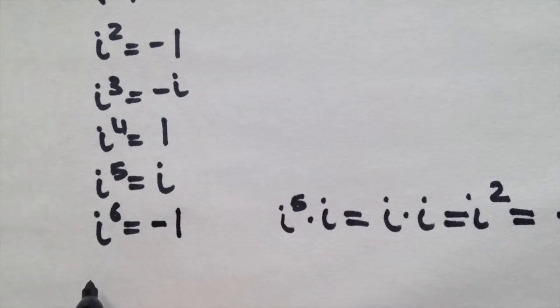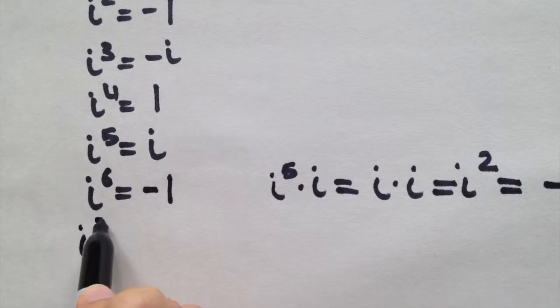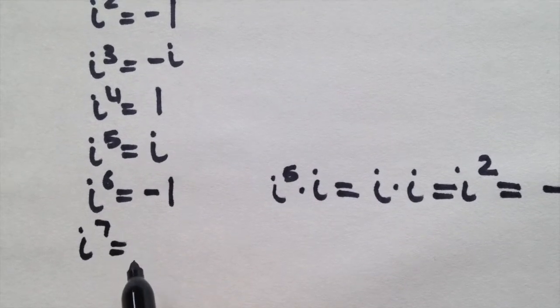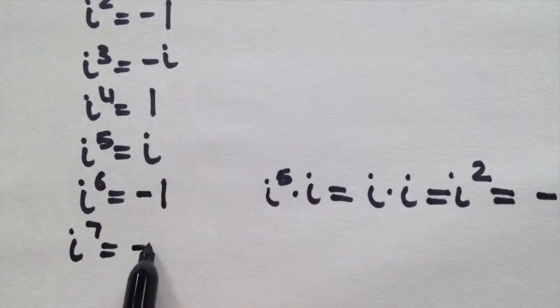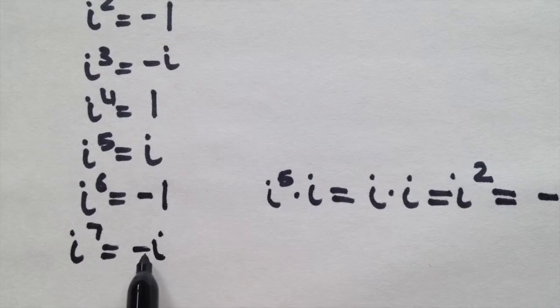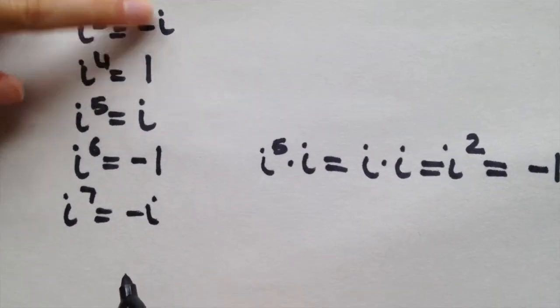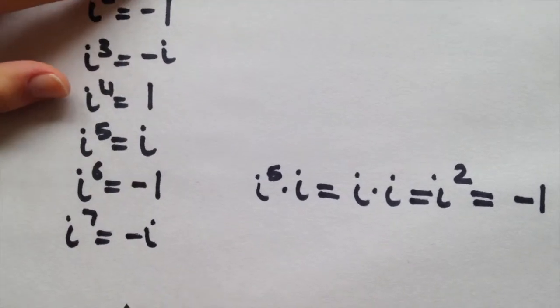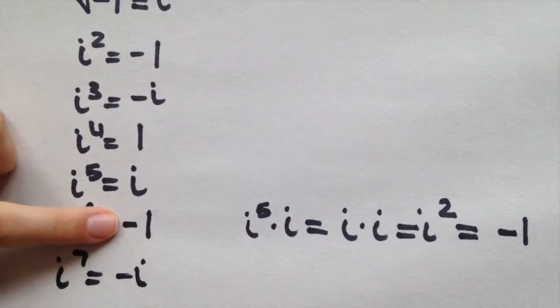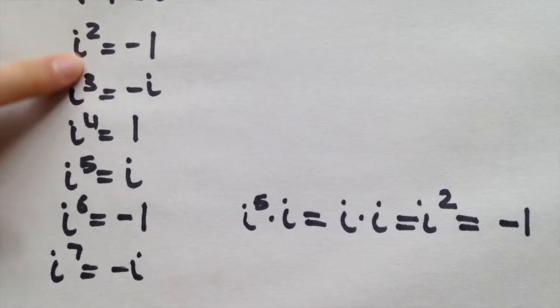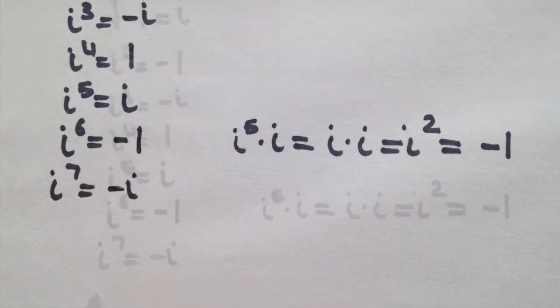Okay, now if we kept going with i to the power of 7, you would begin to notice that it will be -i, and you will begin to notice that it is a pattern. i, -1, -i, 1, i, -1, -i. And this will keep going on and on.